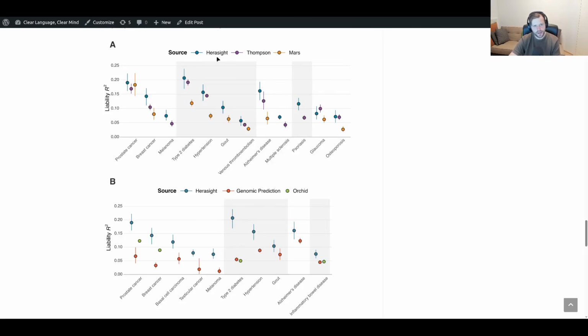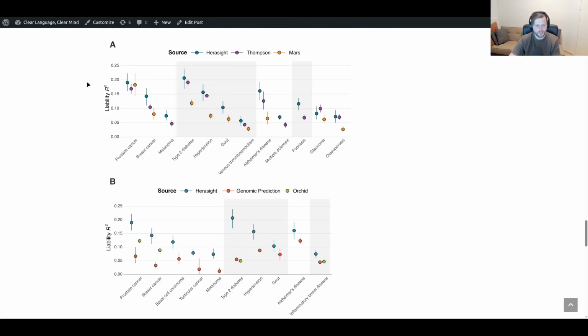And so comparing Heresight's optimized models, you can see that they beat the competition in most cases. There are a few exceptions, glaucoma here. But mostly they're in line with the competition. They're slightly better on average, and more so for the Mars paper, but the Thompson one is quite close. So this shows that the results they're getting are sensible, right? They're not so far from existing academic work as to be unbelievable, but they're still better.